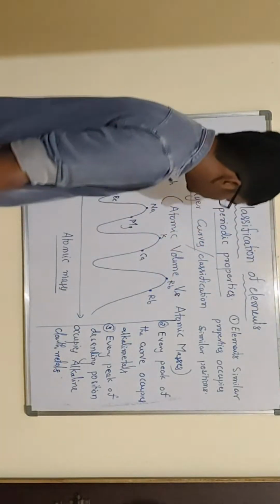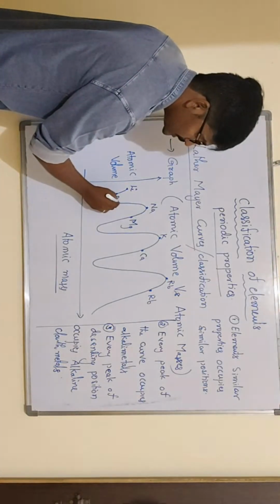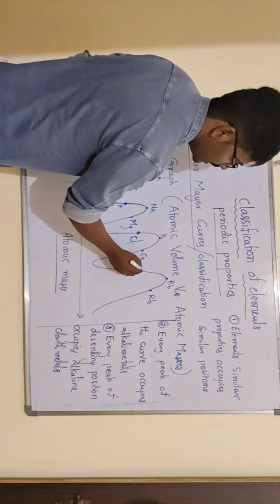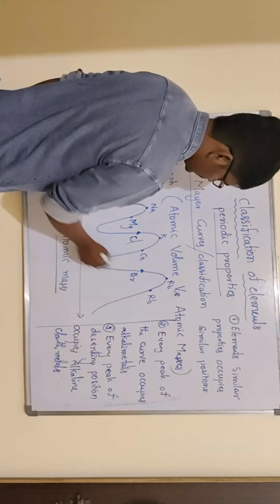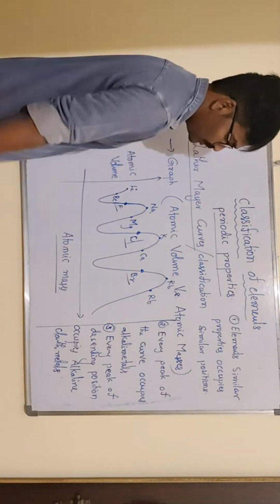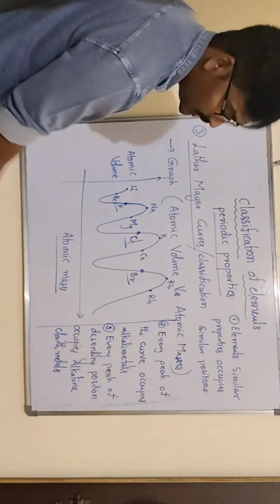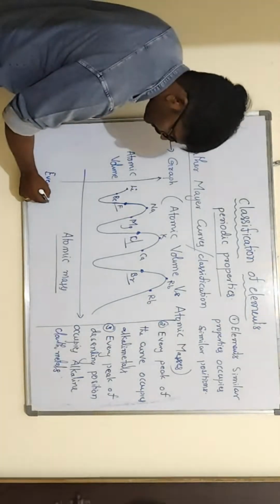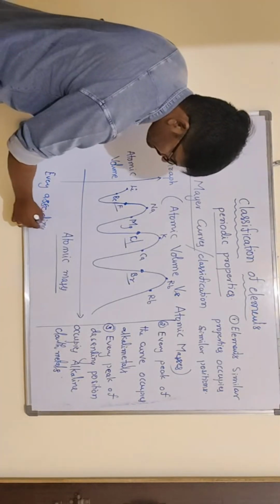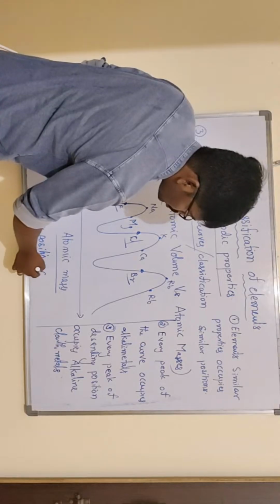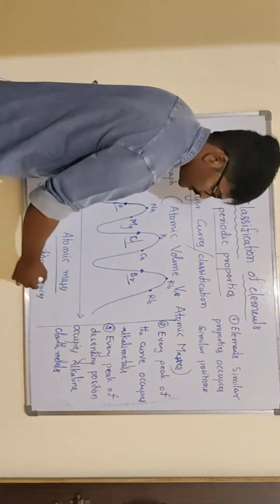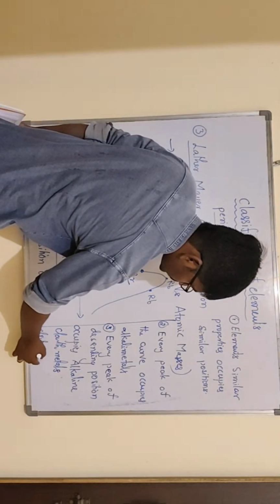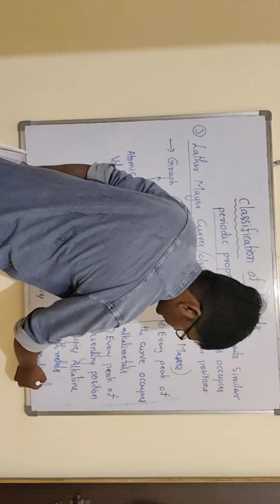Every ascending position, where the increasing part of the curve is, is occupied by more electronegative elements like fluorine, chlorine, bromine, such as halogens.